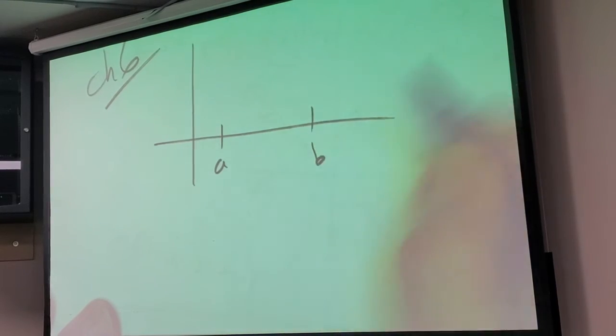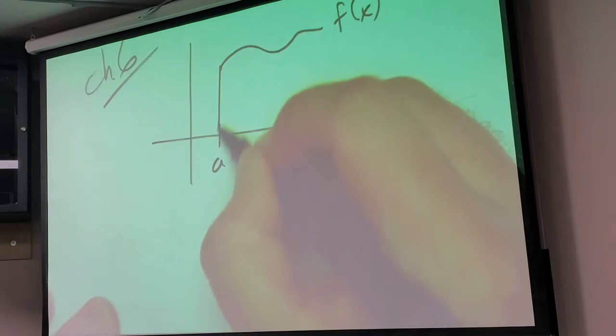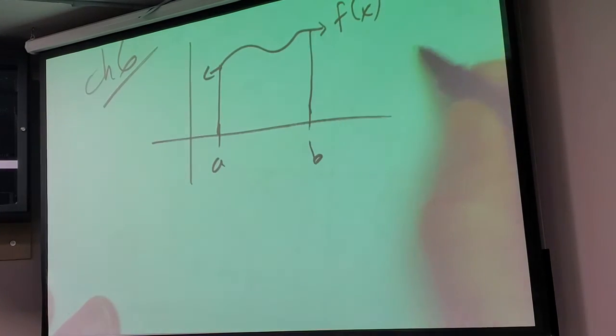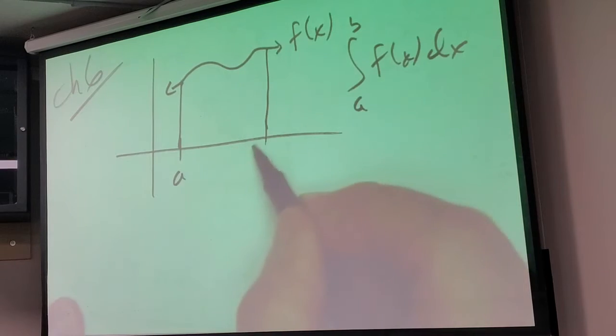Chapter 6 involves a couple of levels of problem. Let me see if you guys are cool with this. Let's talk about this in general. So this, of course, represents the area between f and the x-axis.